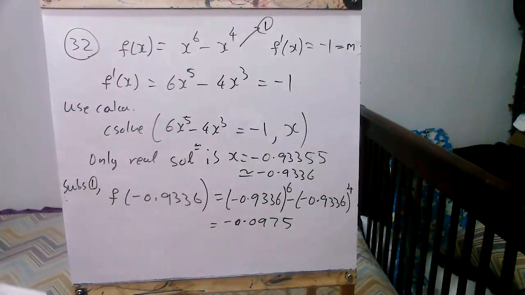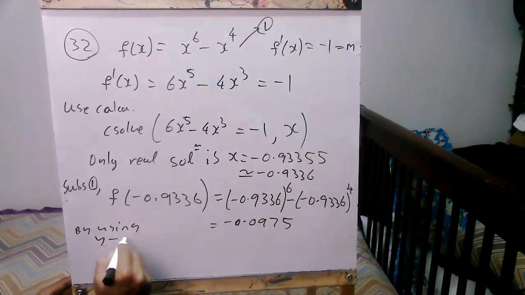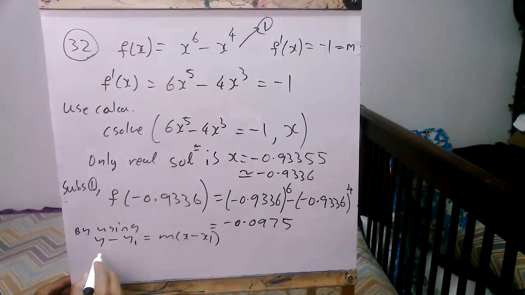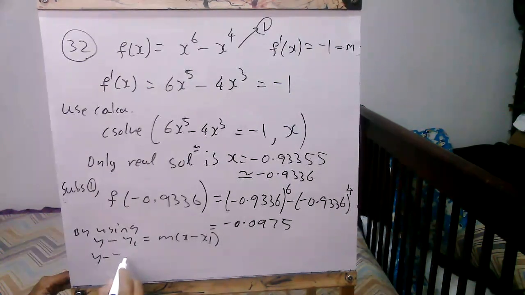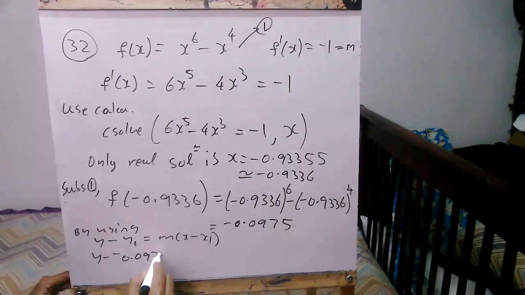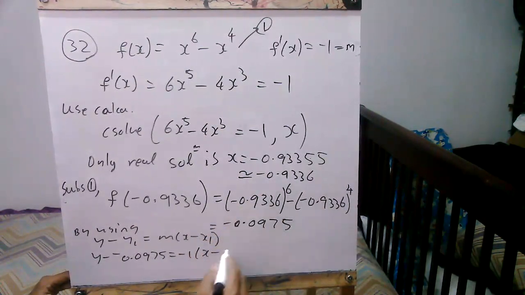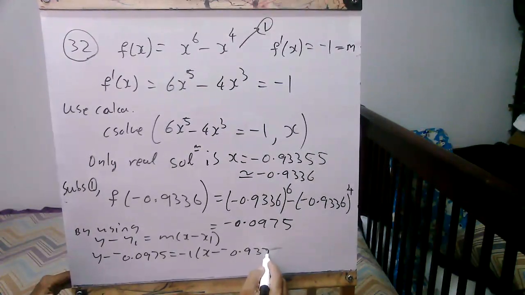Therefore, we can write the equation by using y minus y1 equals m times x minus x1. y minus this number, negative 0.0975, equal to negative 1 times x minus x1, which is negative 0.9336, right?